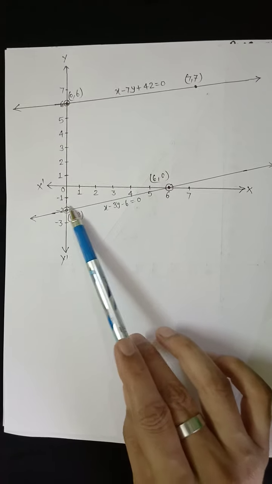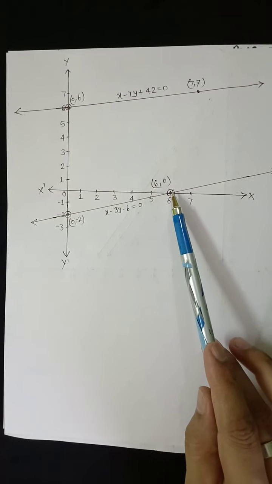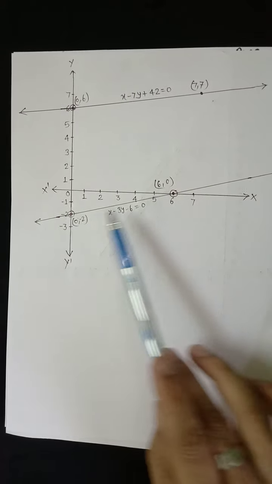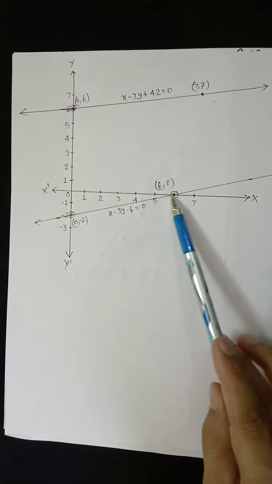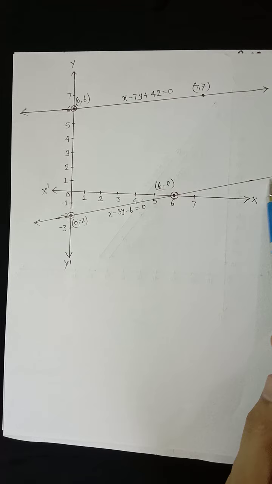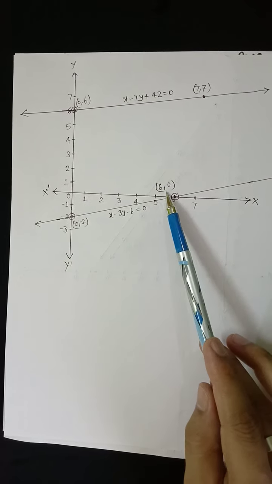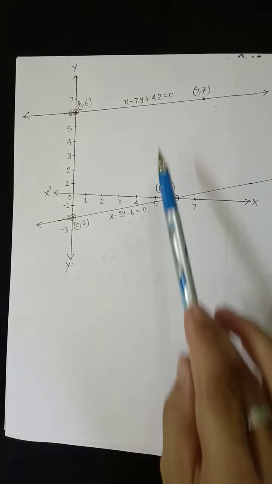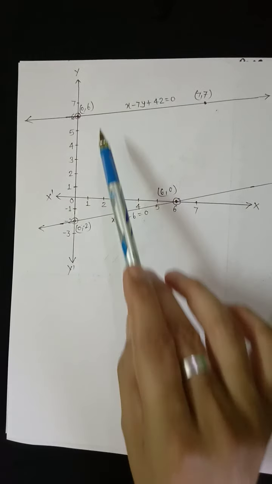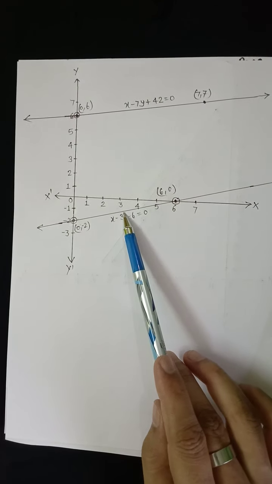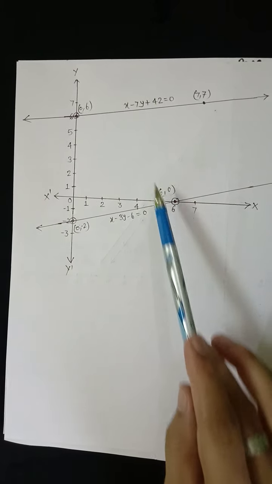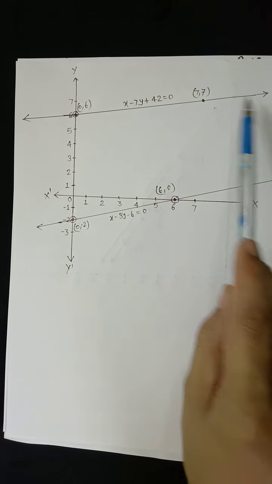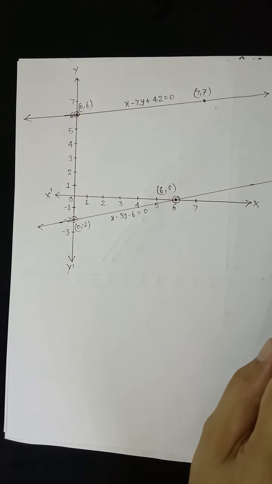Similarly, plot the points 0, minus 2 and 6, 0. Join both points and draw the line. The graphs of both equations are not parallel. If two lines are not parallel, then they will intersect at some point further away.